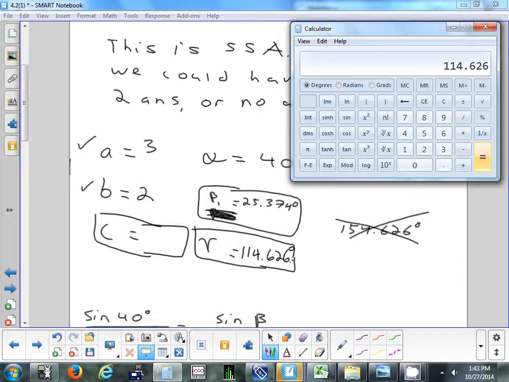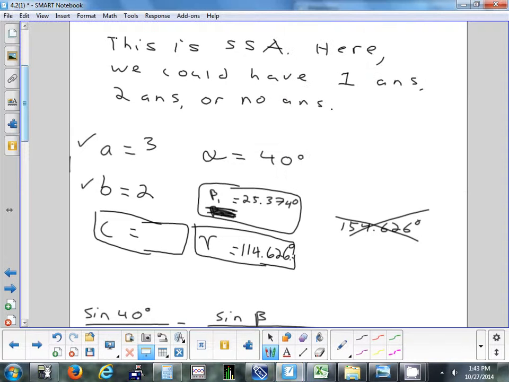And now we can finish off by finding C, just like we did in the first two problems. What would be the best row to use to find C? Yep, you want to use A because everything was given, so we know it's right.